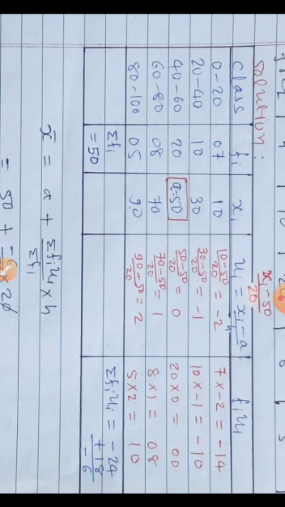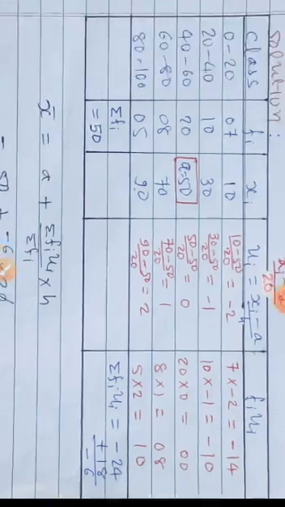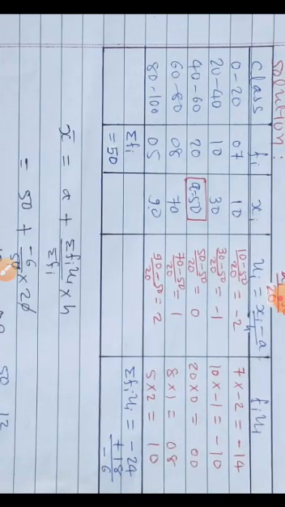If opposite sign is there, there is a subtraction. If same sign is there, there is addition. That is why we add 14 and 10, 8 and 10. Now opposite signs, so take the difference. Difference means always bigger number minus smaller number. So the difference is 6. Now apply the bigger number's sign. The bigger number has a minus sign, so the answer is not 6 but minus 6.